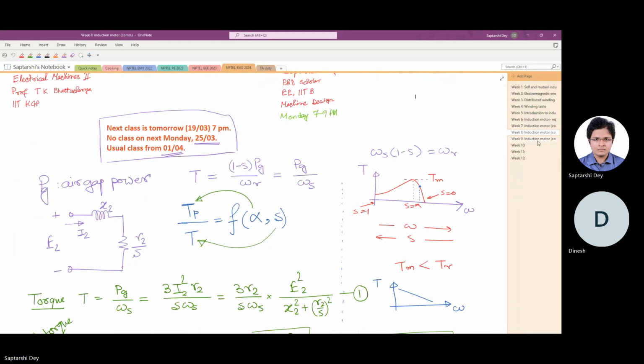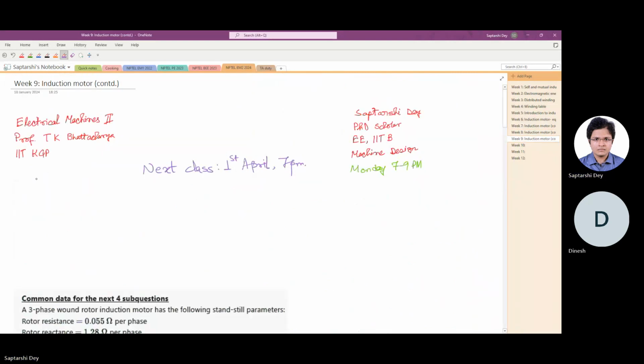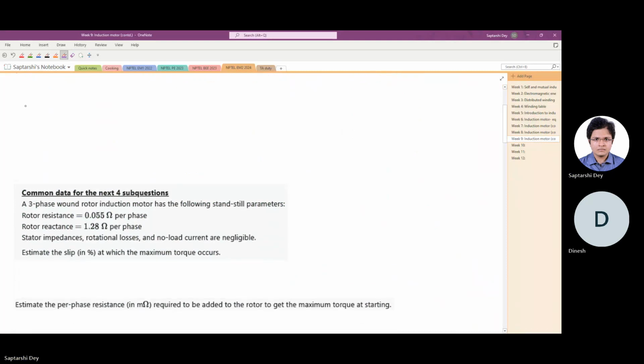So just to repeat them, the torque at any slip of an induction motor, related to the peak torque, is T by Tp equals 2 alpha S by alpha squared plus S squared, where alpha is the slip at which the peak torque is achievable and S is the other general value of slip.